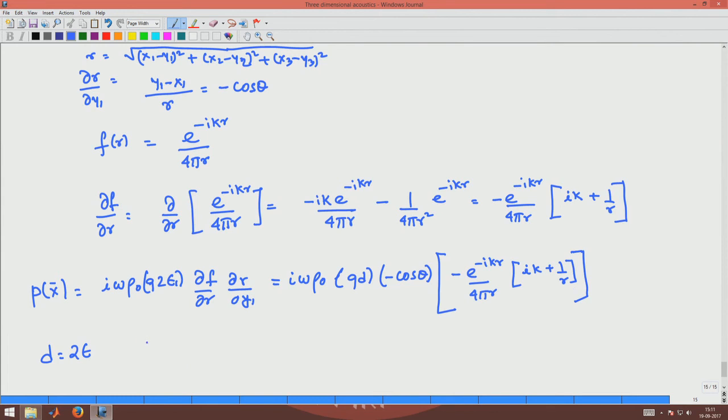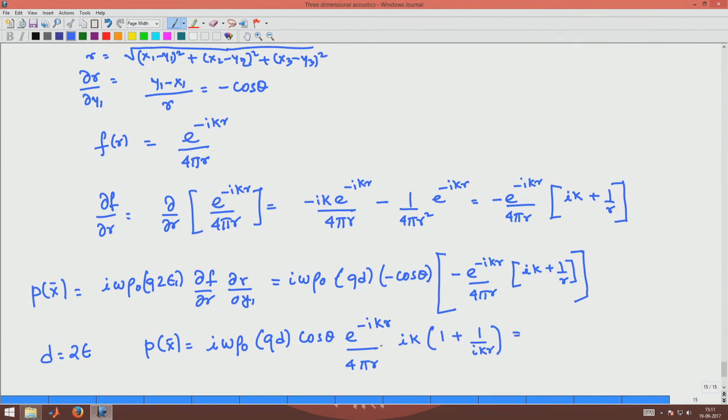So, we could write this as P. These two negative signs can get cancelled, and we will be left with i omega rho 0 q d cos theta e to the power minus i k r by 4 pi r. And lastly, we will take i k common. So, what we will be left with is 1 plus 1 by i k r.